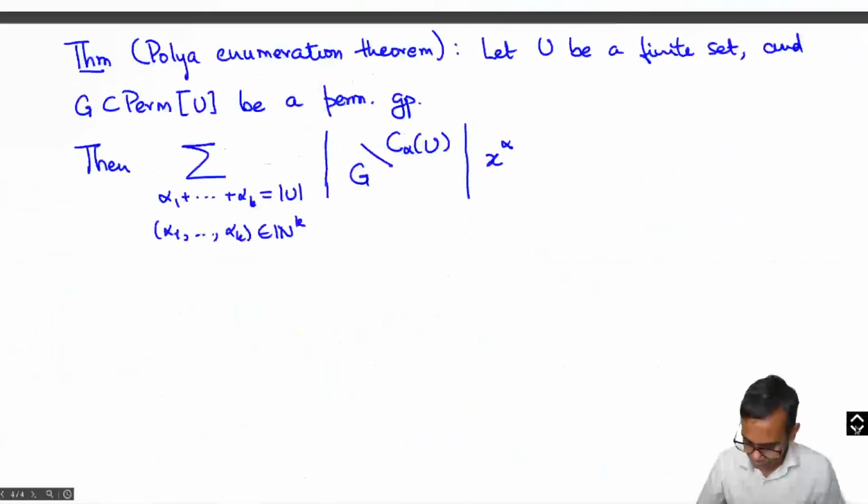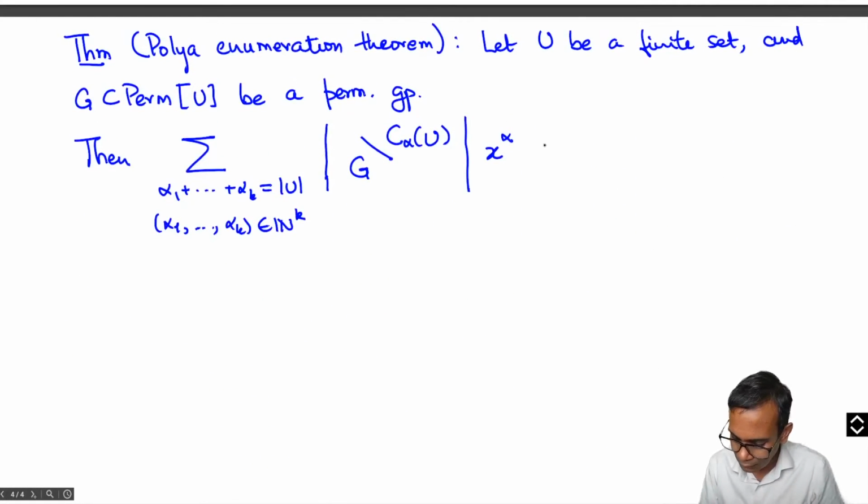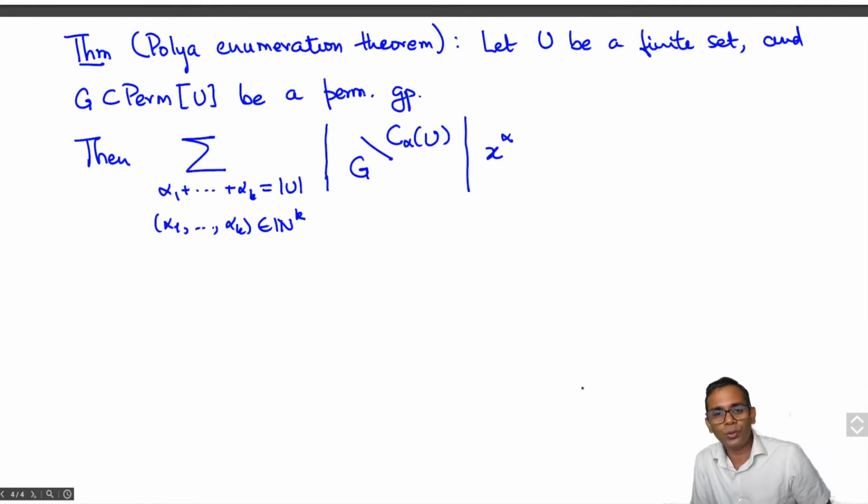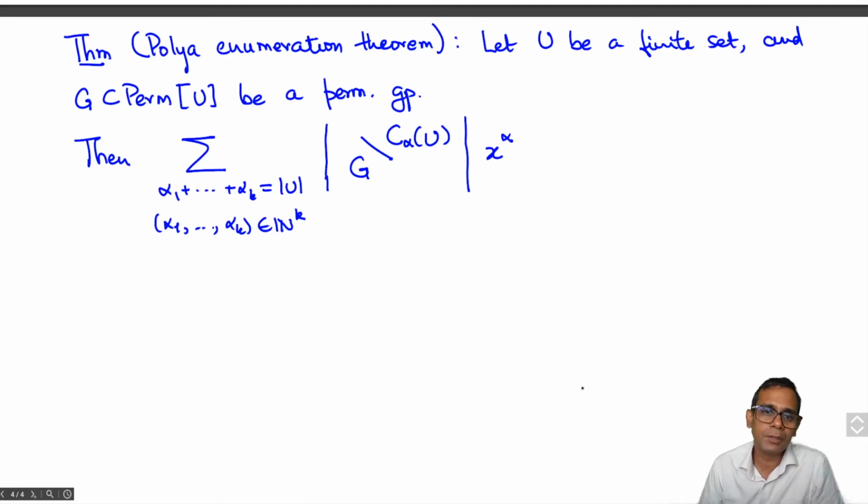And so that's what it is here, x to the power alpha. So this is a polynomial in k variables, and it's not very difficult to convince yourself that this would be a symmetric polynomial. And if you were able to compute this polynomial somehow, then you would be able to count the number of equivalence classes of colorings, of G equivalent colorings of any given shape.